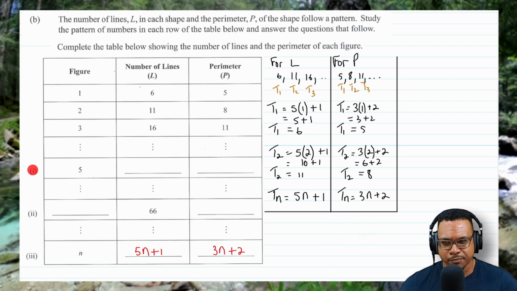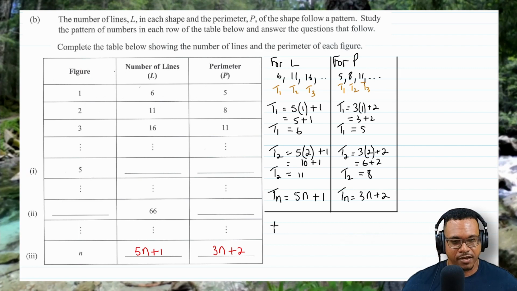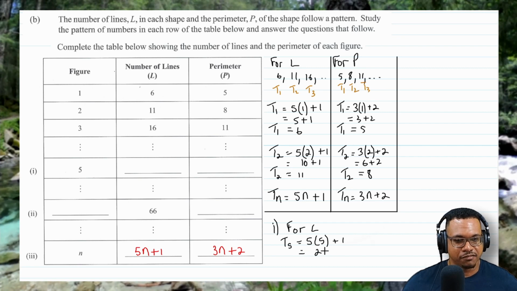So now let's answer the question for part 1 when the figure number is 5. For the number of lines, which would be L, our fifth term would be 5 times n, which would be 5, plus 1, which would be 25 plus 1, which is equal to 26.